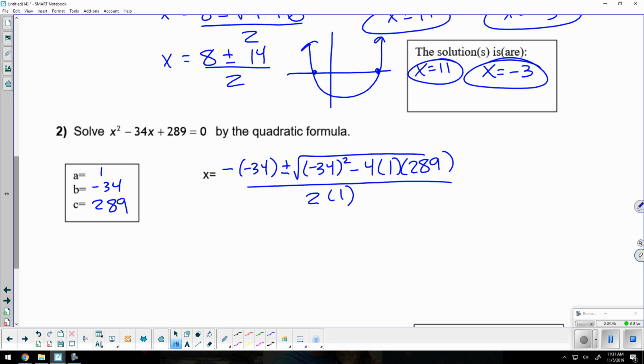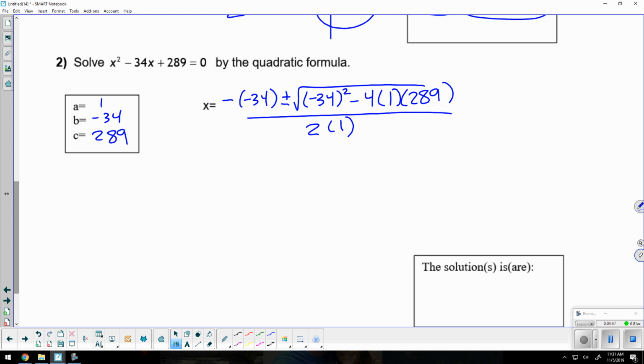Negative negative 34 is positive 34, plus and minus underneath the square root, negative 34 times negative 34 is positive 1,156.